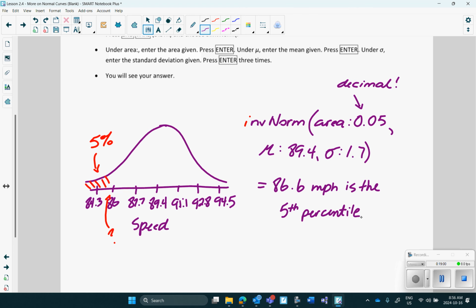So 86.6, if we do our diagram, it's going to be just a little bit past this notch. So it's going to be 86.6. See how I sort of completed the question after I found the value, completed the shading.